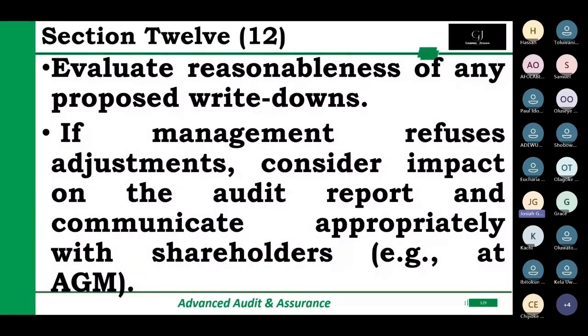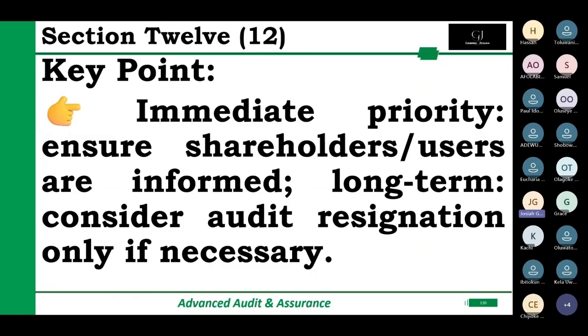If these events are material and management says it doesn't matter, or they refuse, or they are obstinate in adjusting, then he needs to communicate to shareholders on some of these material happenings. And he could do that at the annual general meeting. So the key point around this is the immediate priority. He needs to ensure that shareholders and users are informed.